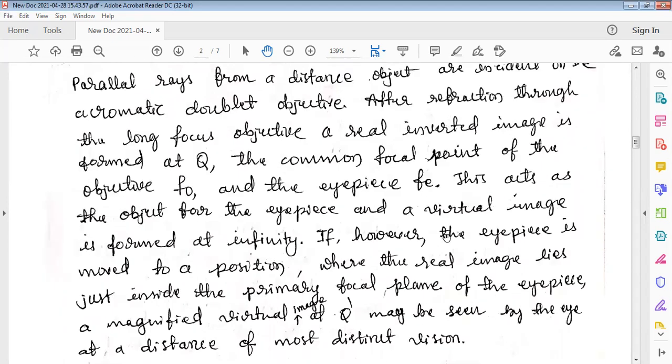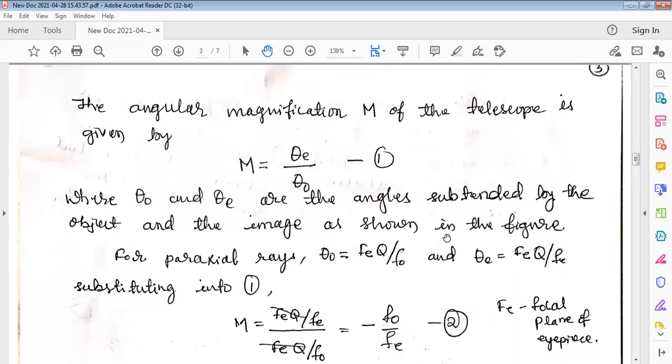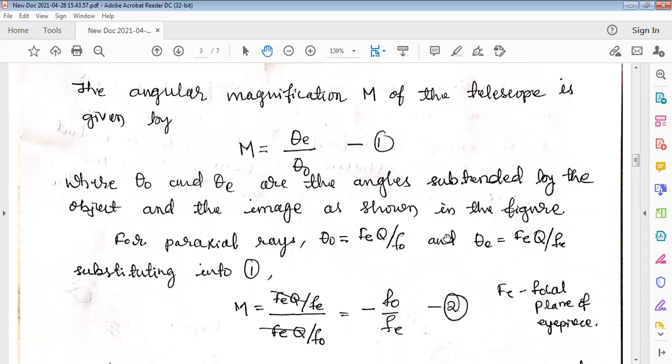So these are the two angles subtended by the rays of light, and the ratio of these two, theta e divided by theta naught, gives the angular magnification of the telescope, where theta naught and theta e are the angles subtended by the object and the image as shown in the figure.